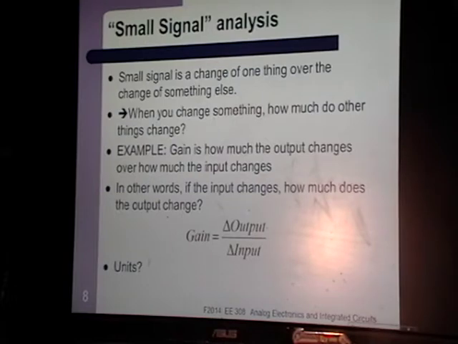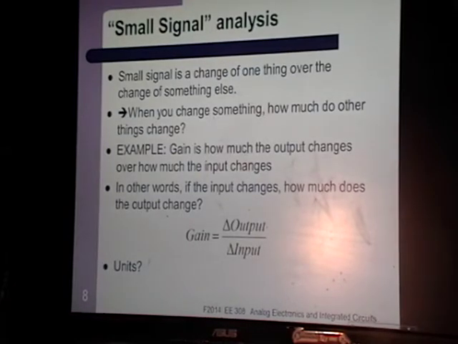Okay, small signal definition. We talked a little bit about it. The first definition we saw was that a small signal is a change in something over the change in something else, and gain is a famous example of that. If I change the input this much, how much does the output change? The units all depend on whether the output is current or voltage and the input is current or voltage.